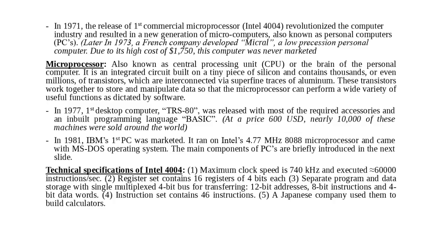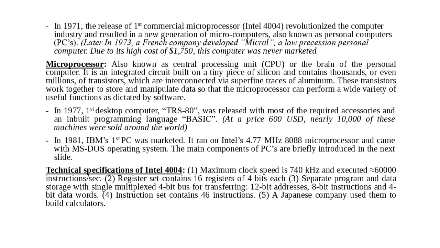And in 1971, the release of the first commercial microprocessor, Intel 4004. Now we are using Intel Core i7, but back in 1971, the first commercial microprocessor was Intel 4004. It revolutionized the computer industry and resulted in a new generation of microcomputers, also known as personal computers, PCs.